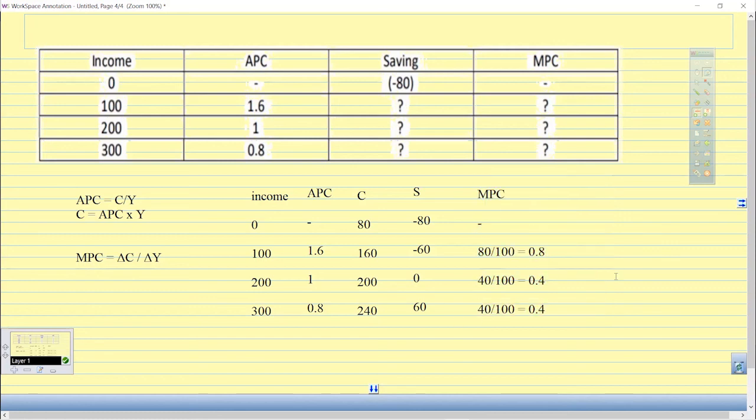So this will be the MPC. With that we finished the homework discussion.